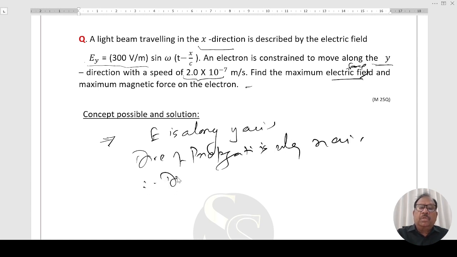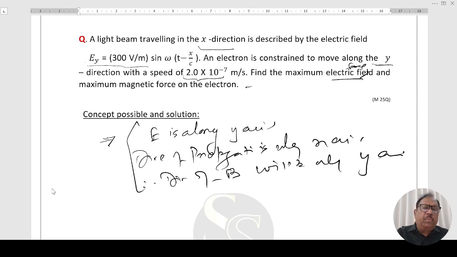Therefore, direction of B will be along z-axis, as direction of propagation is given by E cross B, using that concept, and all three are mutually perpendicular to each other.